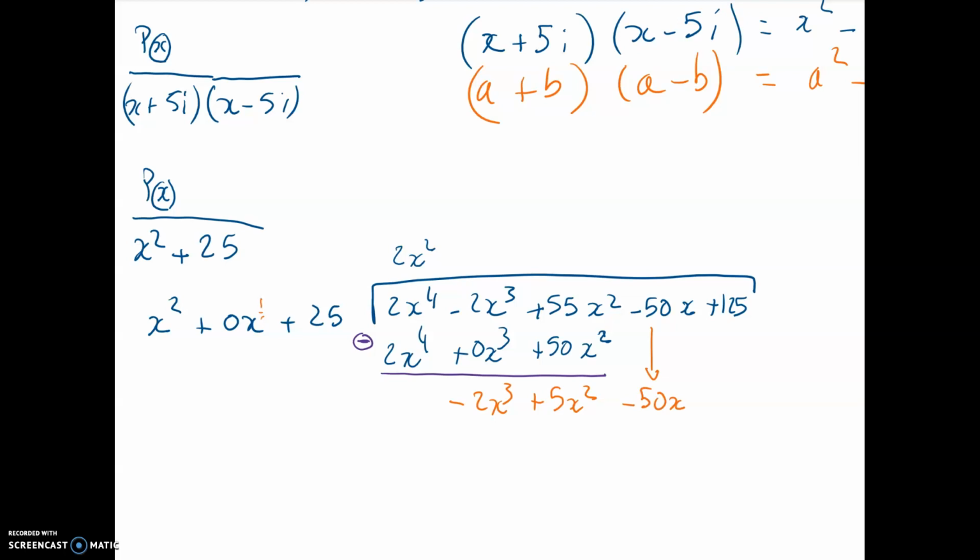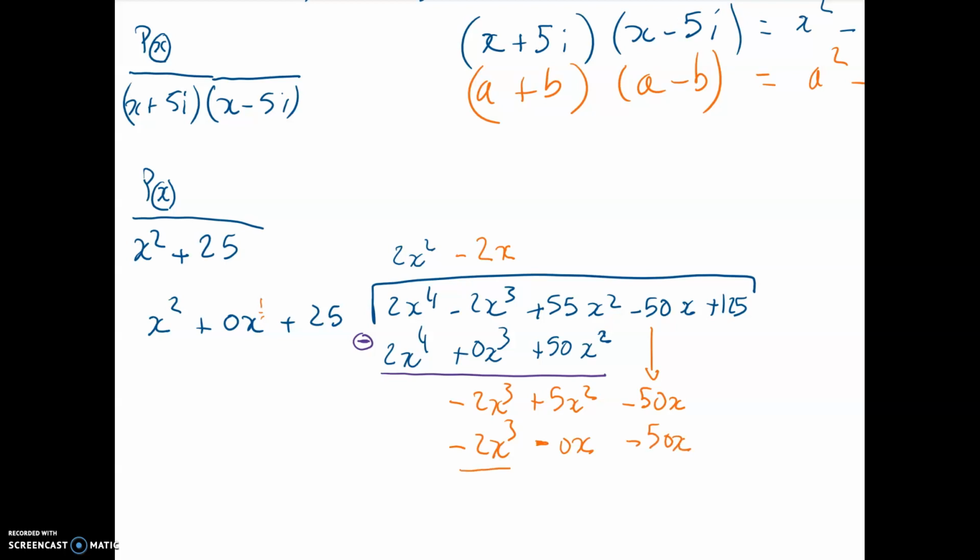Negative 2x cubed divided by x squared gives you negative 2x. Negative 2x times x squared gives me negative 2x cubed. Negative 2x times 0x gives me plus 0x, but it doesn't matter. Negative 2x multiplied by 25 gives me minus 50x.